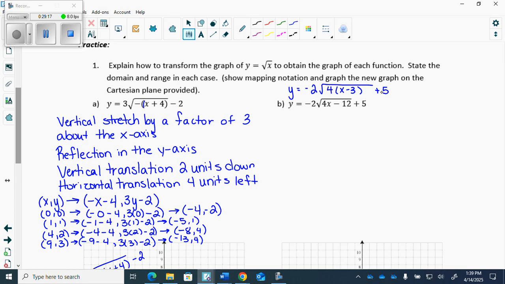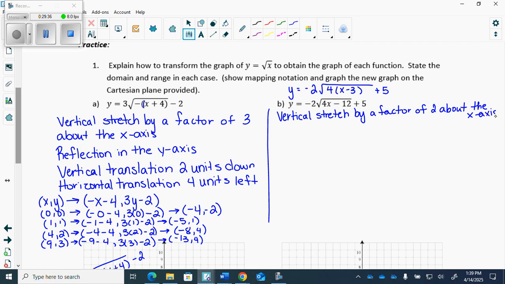So we have a vertical stretch by a factor of 2 about the x-axis. And then we have a horizontal stretch by a factor of 1/4 about the y-axis.